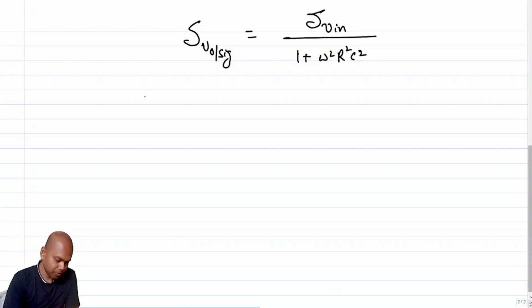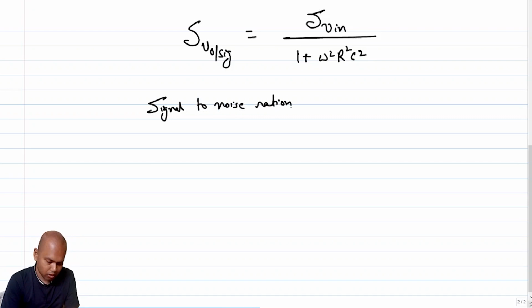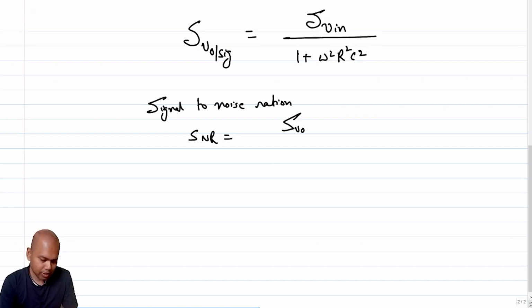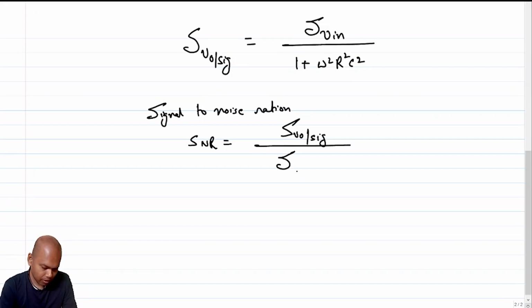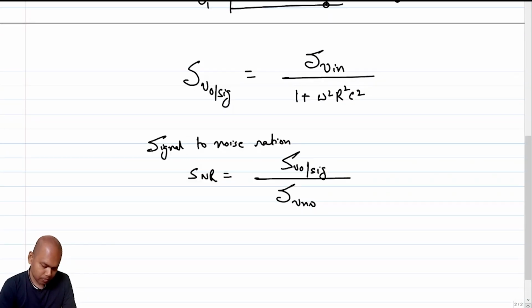So we are more interested in the signal to noise ratio, or SNR, which is basically the power spectral density of the signal at the output divided by the power spectral density of the noise at the output, right? That's what we wrote as SVN, right? Because it's all voltage. Okay.